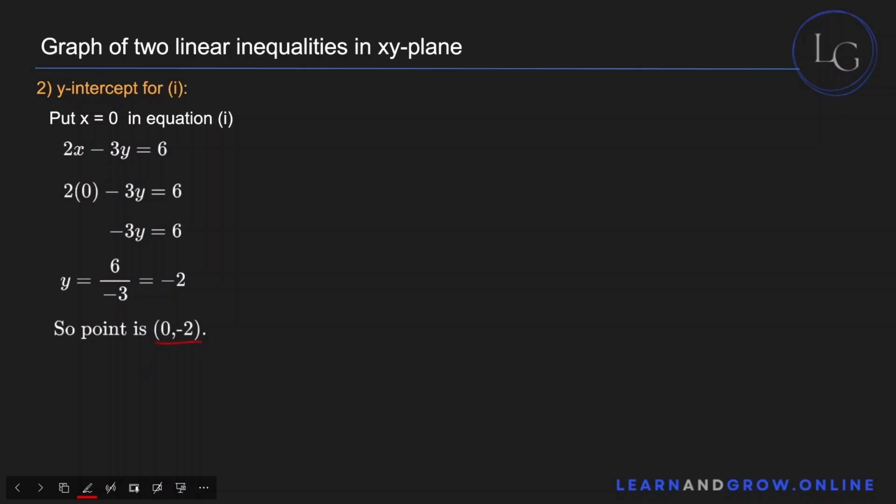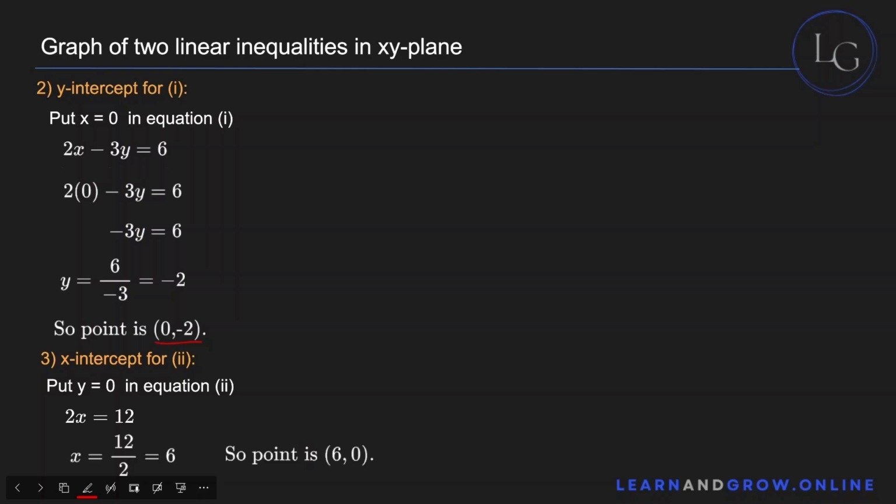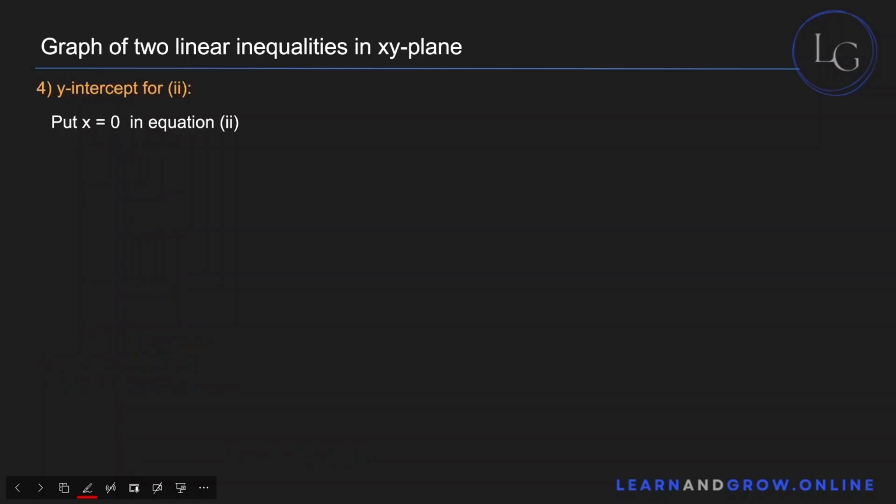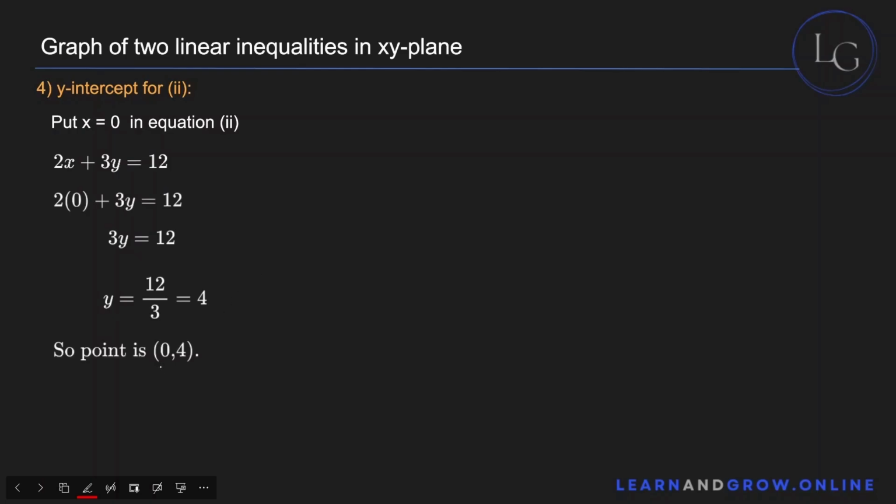Simple. You repeat the same two processes for the x-intercept and y-intercept for equation number 2. You put y is equal to 0 to get the x-intercept and x is equal to 0 to get the y-intercept. So this is the y-intercept for 2.